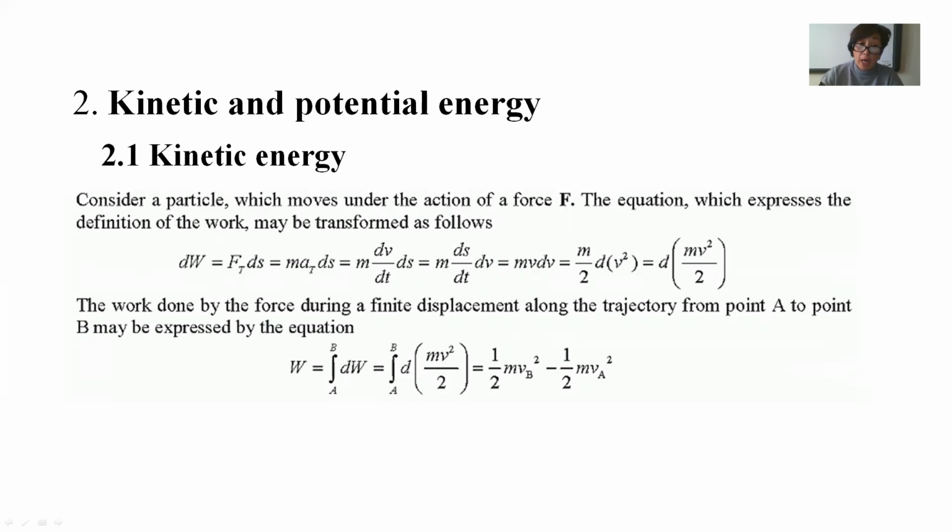The work done by the force during an infinitesimal displacement along the trajectory from point A to point B is expressed by the equation: work equals the integral from A to B of the elementary work, m v squared divided by 2.